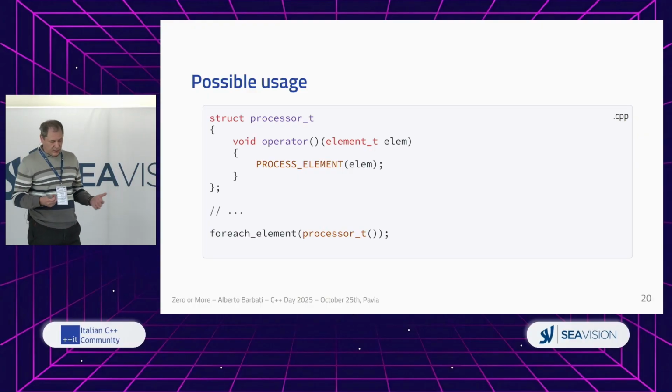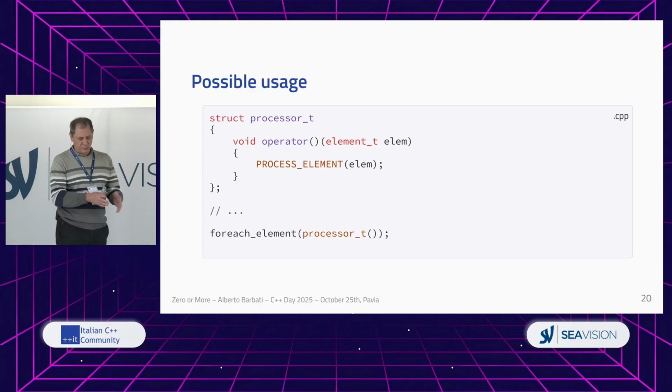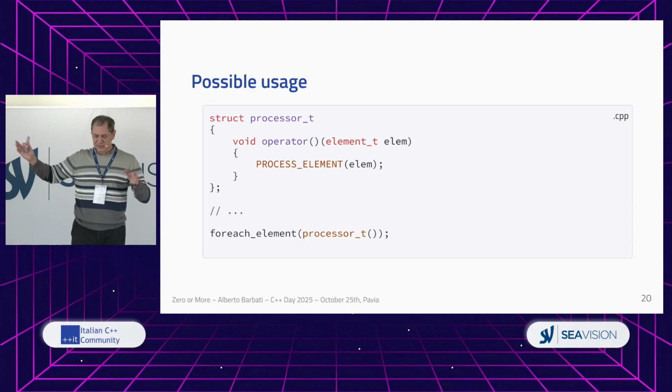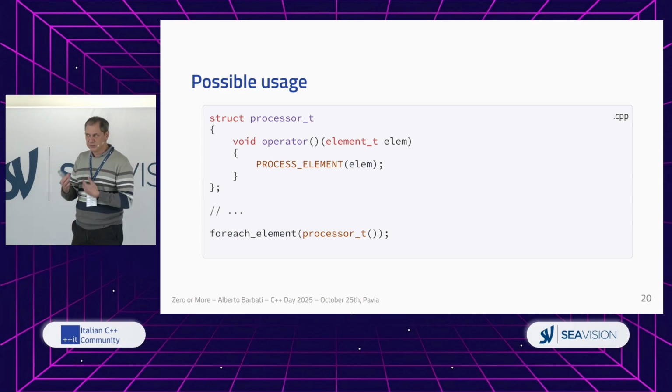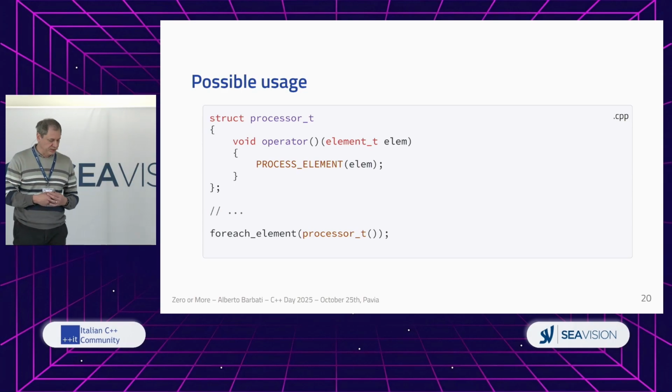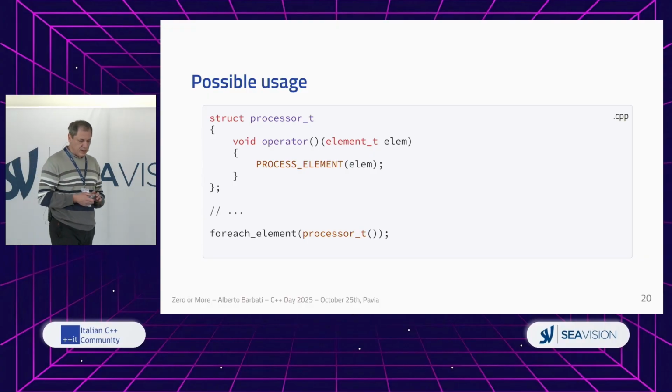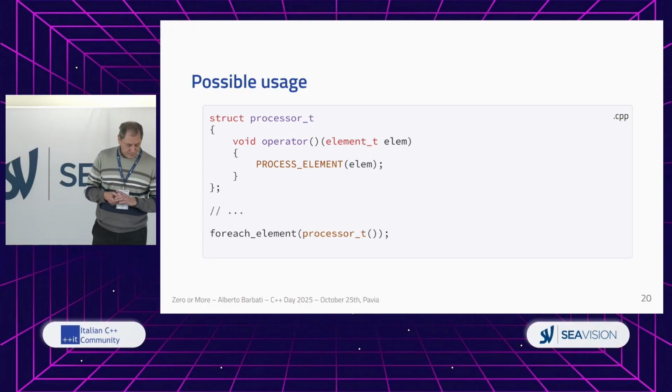This can be good if you want to reuse processor T in several places, but typically this code is used once, only there. And so having it far from the place where it is actually invoked makes the code a little bit difficult to read, for humans at least.